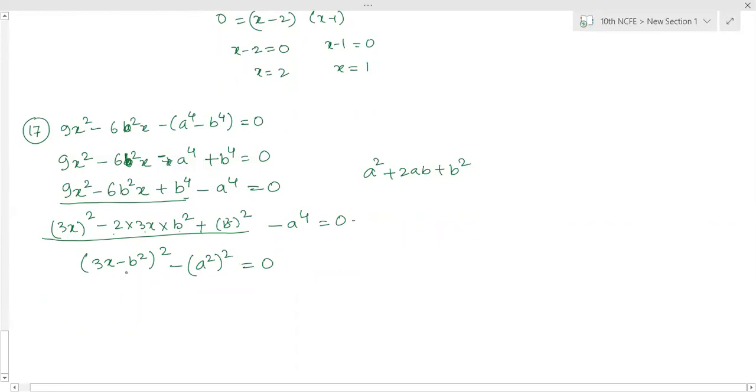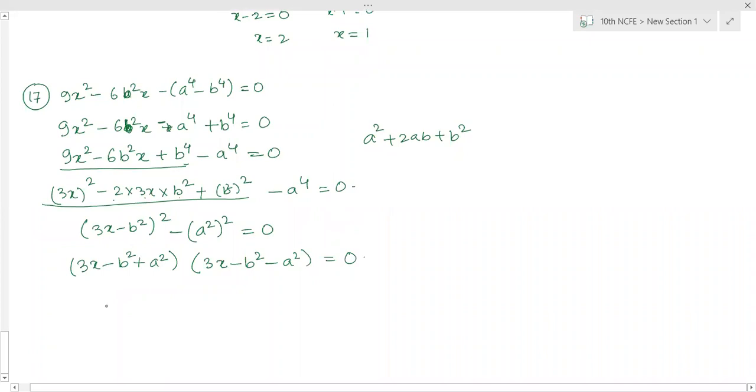So write in the form, then A square minus B square factors will be A plus B into A minus B. So A is 3x minus b square, plus B that is plus a square, or A minus B, 3x minus b square minus a square is equal to 0.